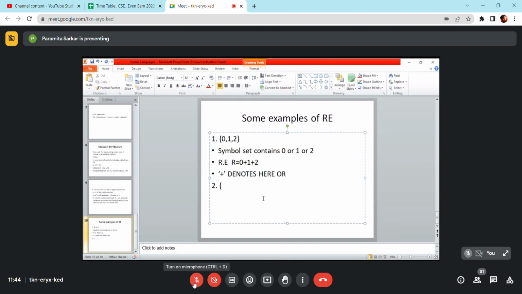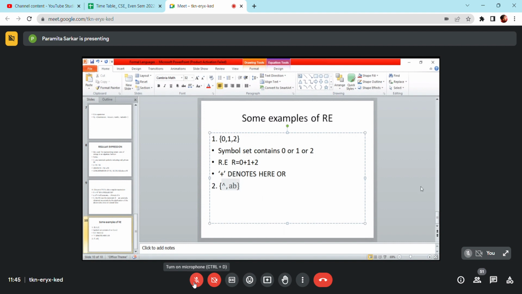Okay, say another example, null and AB. So now see, in this set we have two symbols, null comma AB.